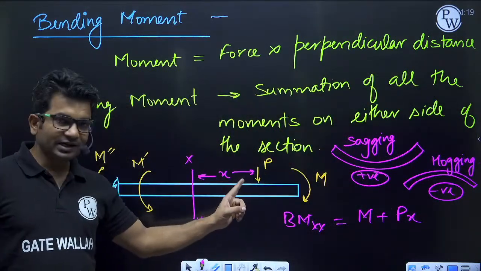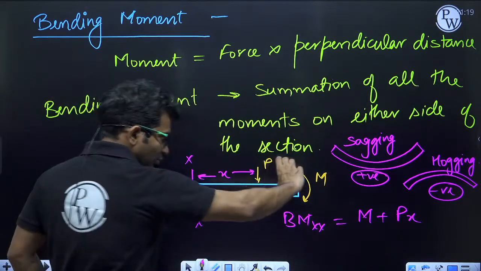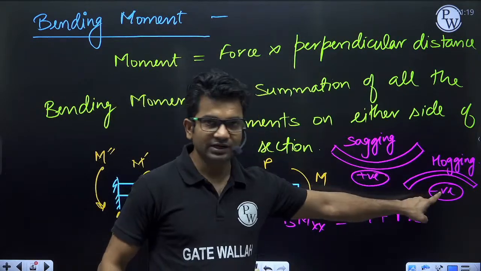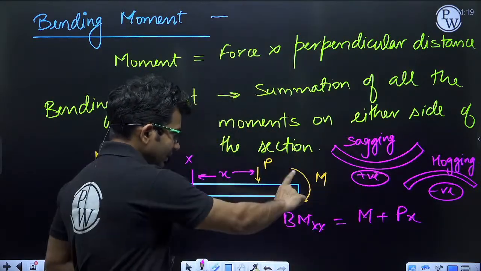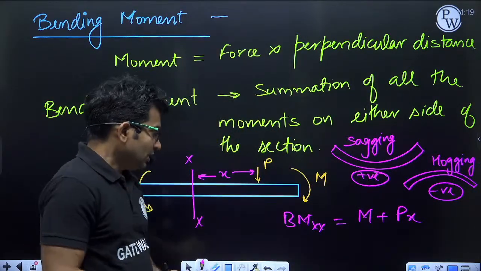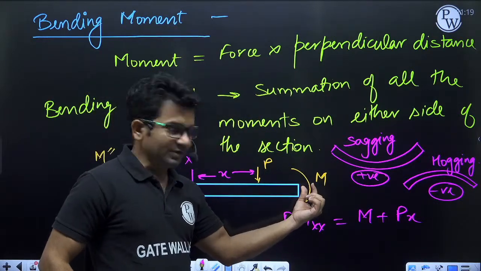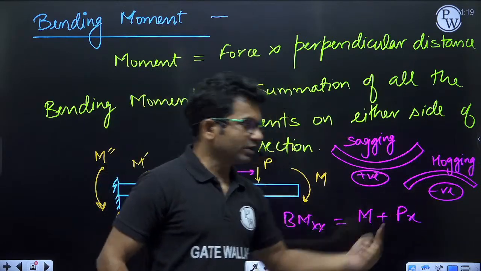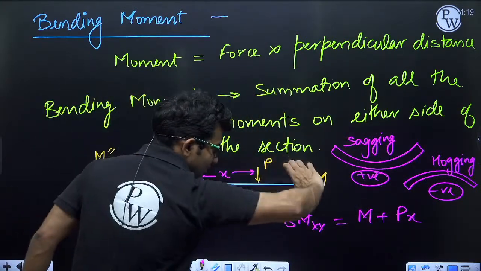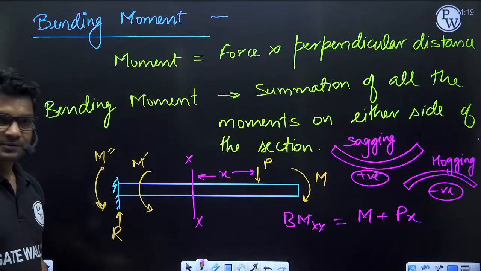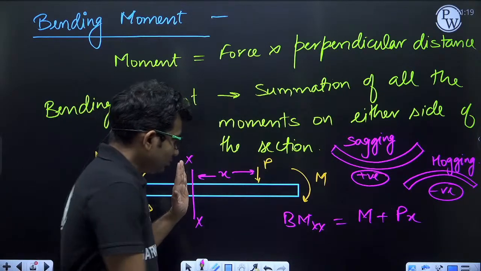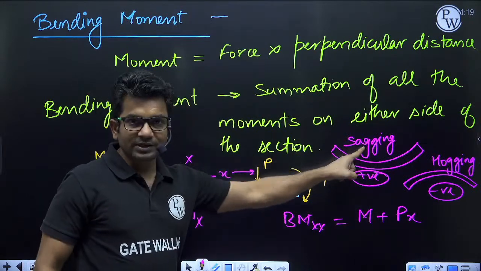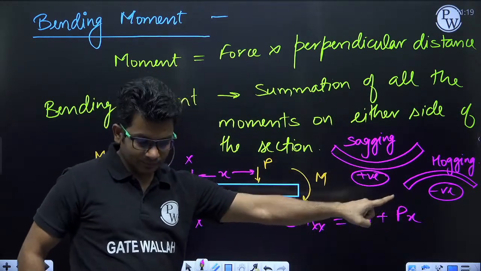Now if I consider this moment, is it tending to bend the beam in this manner or this manner? Just look at this moment alone. Will the bending moment be in the sagging manner or hogging manner, tell me.